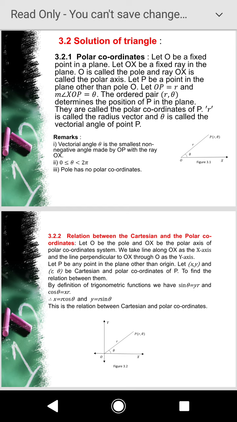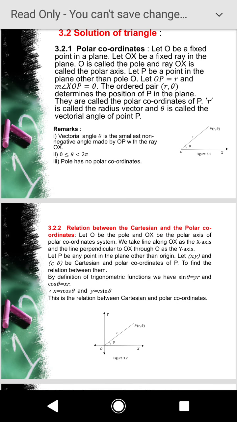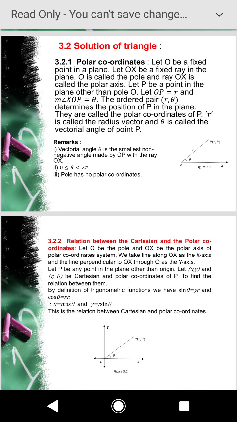They are called polar coordinates of P. r is called the radius vector and theta is called the vectorial angle of point P. Now, in these polar coordinates, the first remark: vectorial angle theta is the smallest non-negative angle made by OP with the ray OX.